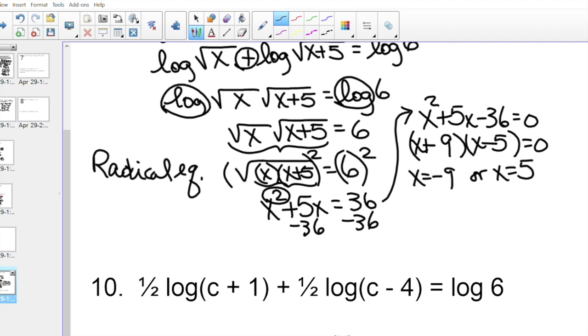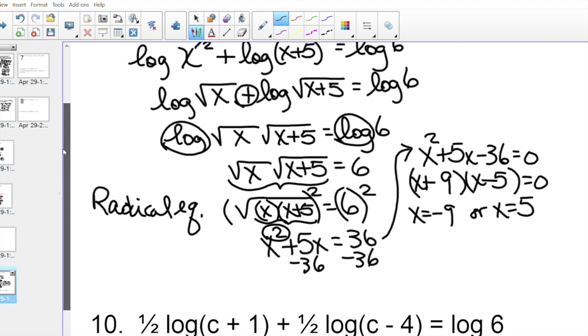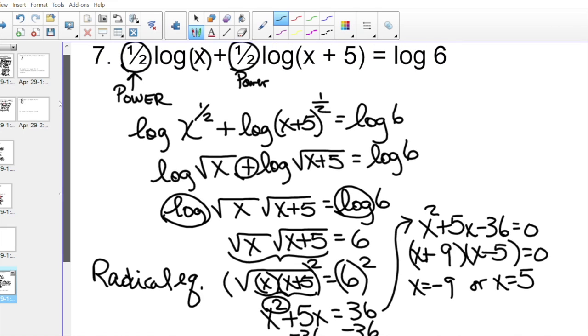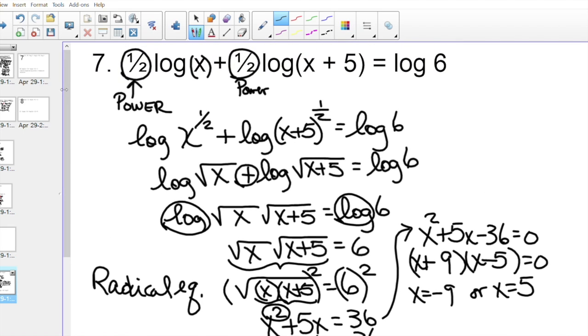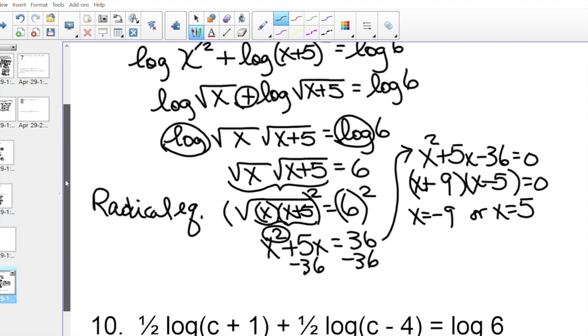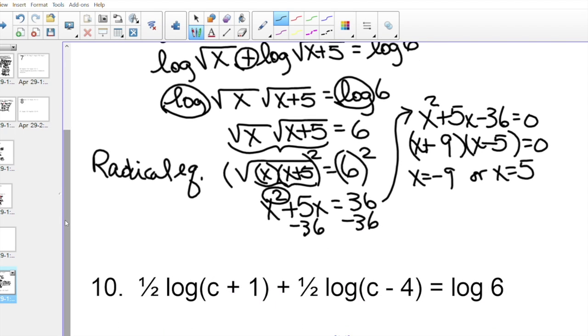You have to go all the way to the top. And up here, if you put a negative 9 in there for that x, you're taking the logarithm of a negative number, and there is no such thing. So he's out. He's extraneous. Now the other one works, and so you write your solution set with only one answer.